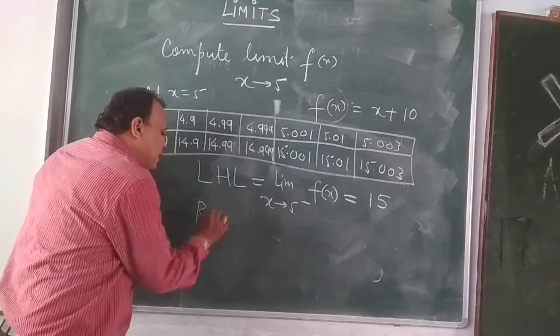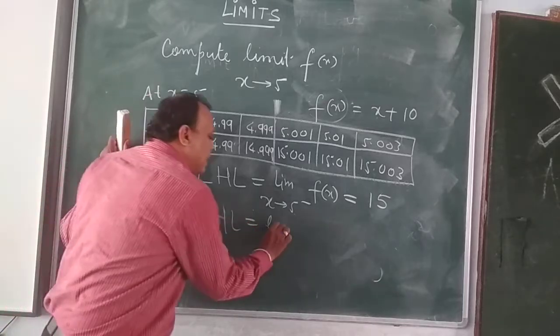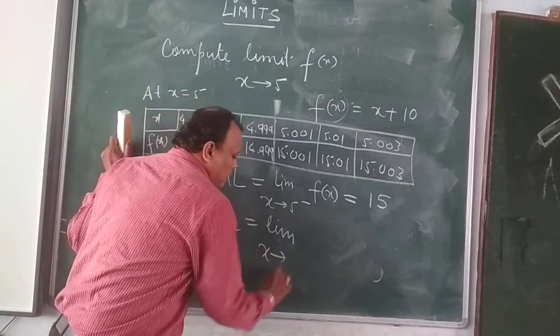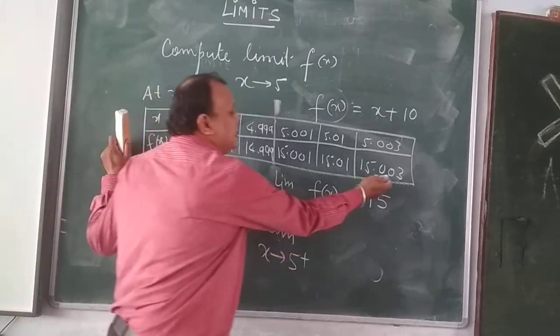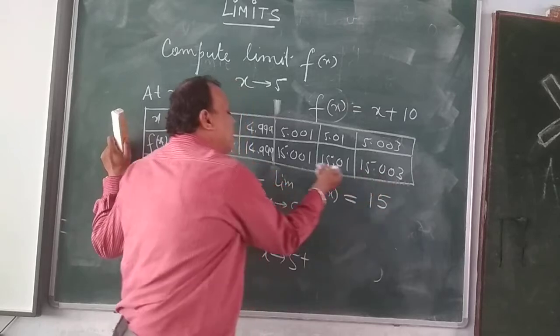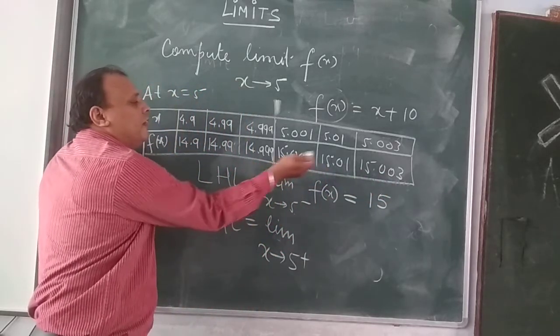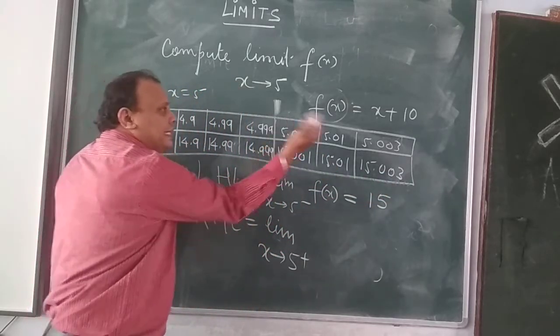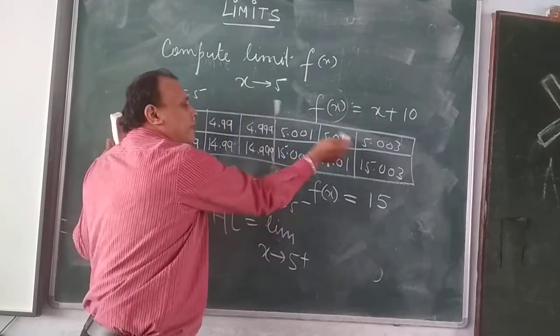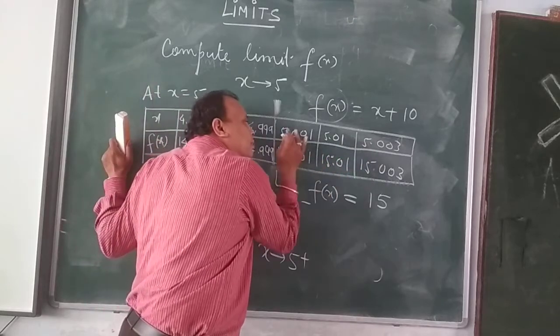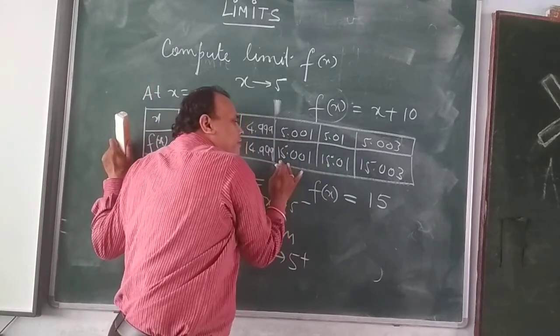If I write it right hand limit, we see that the limit of the function, as x tends to 5 from right hand side, we see that as and when we are going nearer and nearer to 15 from right hand side, then 10 added to these values. Sorry, if x tends to 5 from right hand side, that means 10 added to these values will give you 15.